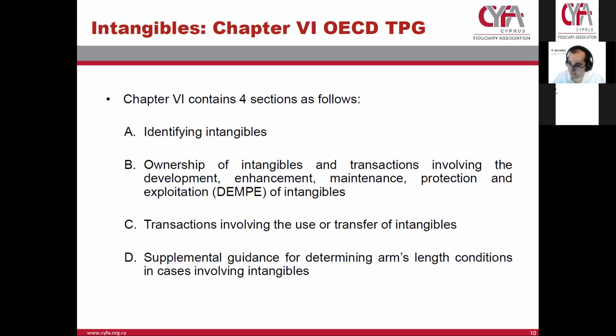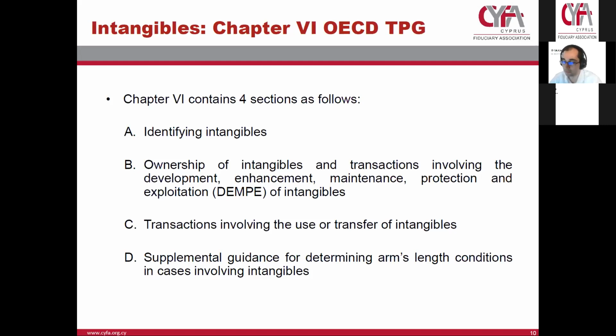But essentially, the idea of the OECD is to provide for a substance principle here, where even though a certain party may legally own an intangible, that does not necessarily mean that that party is entitled to the revenues from the intangible.